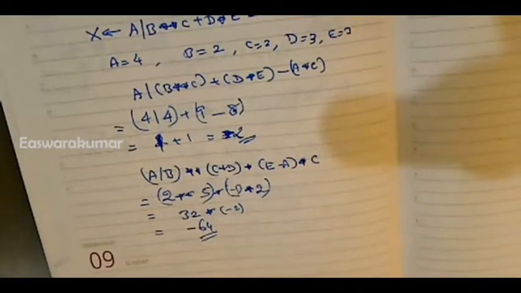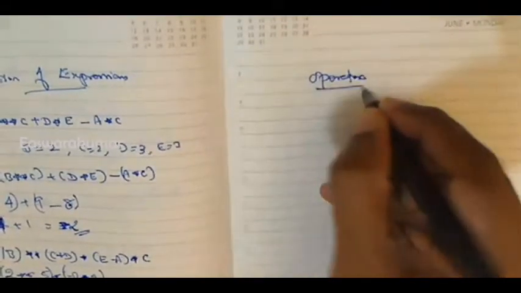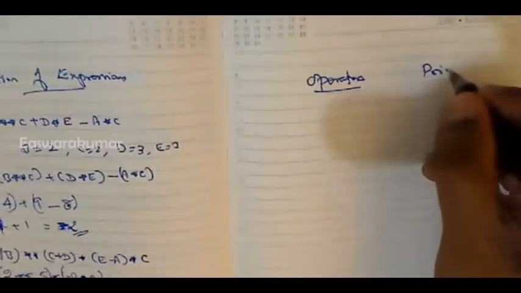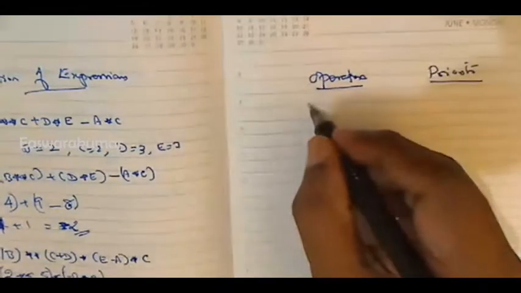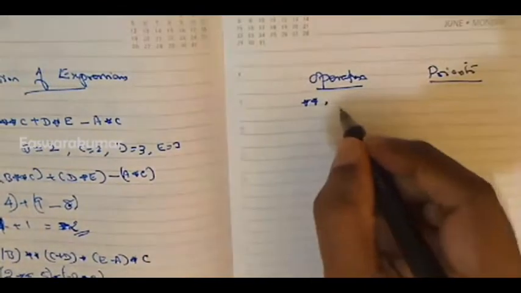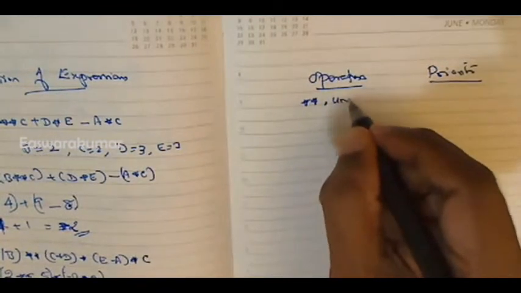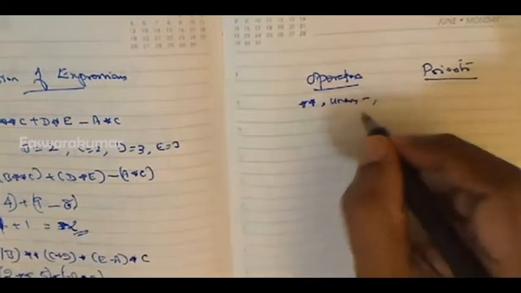So for that, first of all, we have to see the operators and their priorities. Some standard operators which we are using, we can consider. And here the priority value. So the operators are star star, then unary minus, then unary plus.